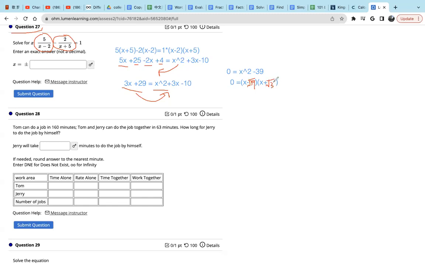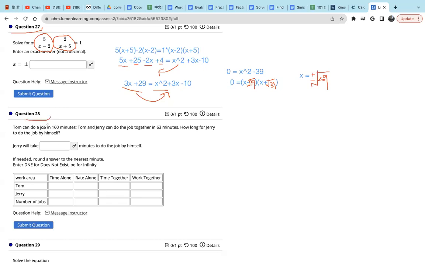So I have 2 solutions. So x equals plus or minus square root of 39. So I have irrational solutions. One plus, one minus, we can write it in this way.